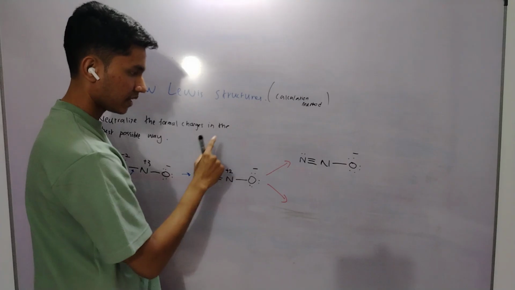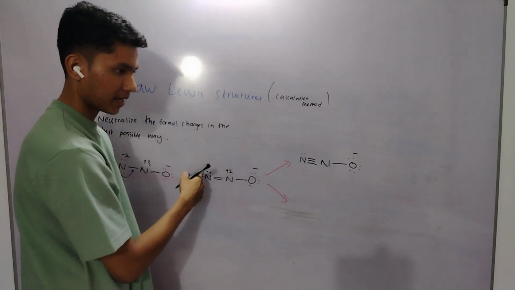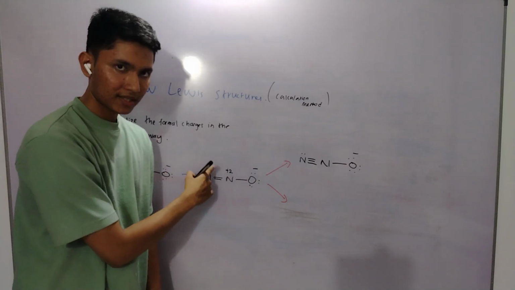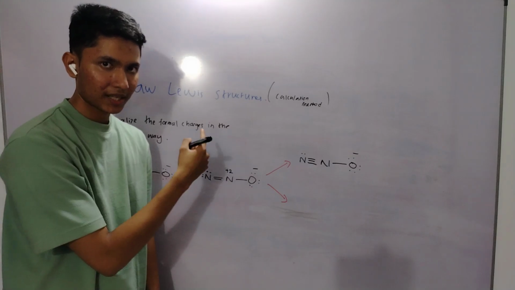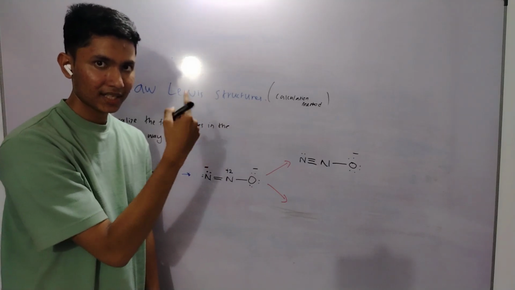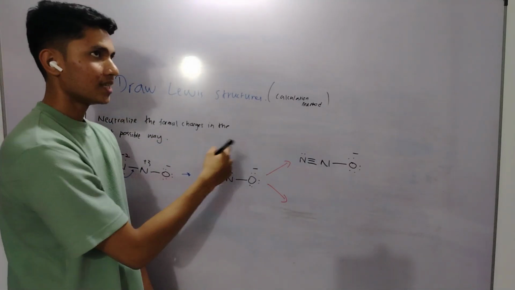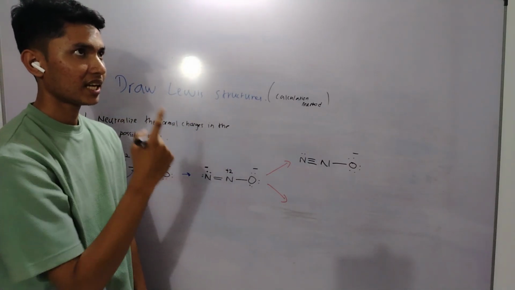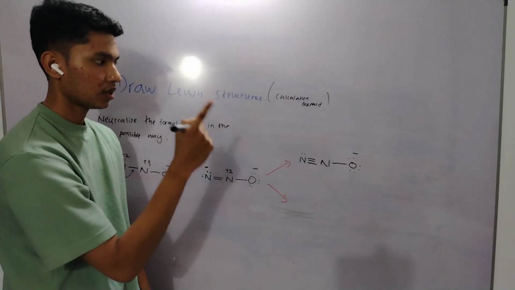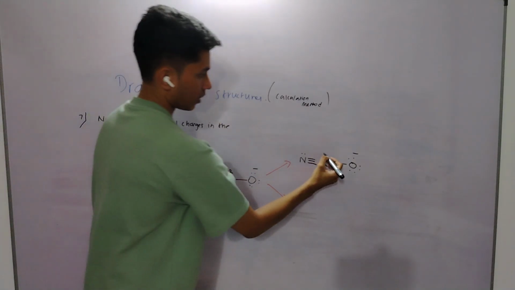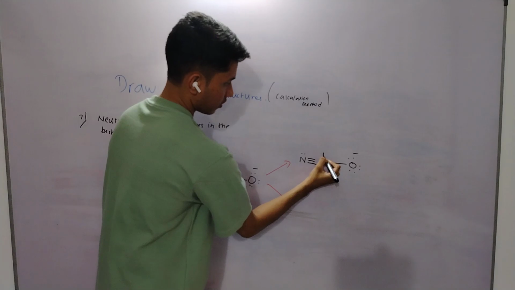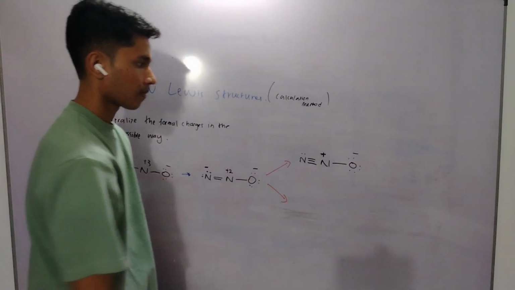Donating one pair of electrons, then plus 1, so now it's minus here. If he donates, he will get a plus 1, then plus 1 minus 1 equals 0. Charge on him is 0. Plus 2, he is accepting a pair of electrons, then he will get a negative charge. Plus 2 minus 1 equals plus 1.